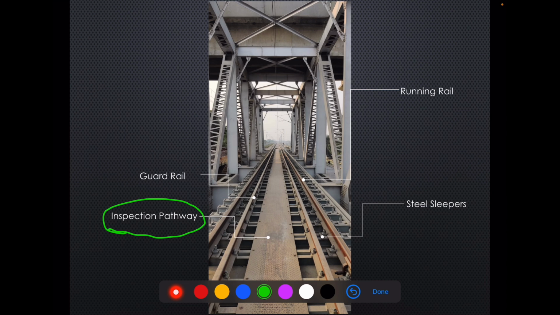So the professionals engaged in inspection of bridges can walk easily over this, and they can keep on inspecting various bridge members, their connections, the actual bridge health, track health, and all these accessories, how they are functioning, and what is their structural health as such.